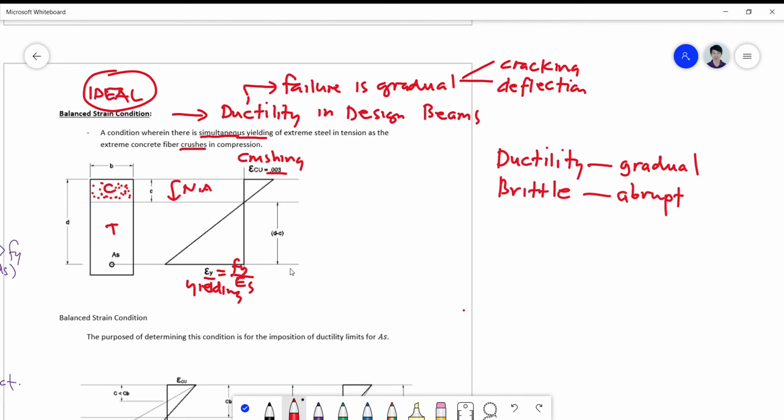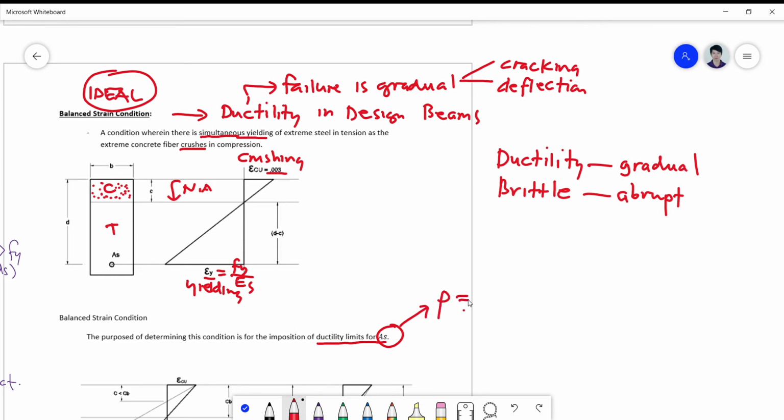And where's the area wherein the behavior is still brittle. We don't want brittle behavior, we want a ductile behavior. The purpose of determining this condition is to impose the limits of ductility on your As or your rho.